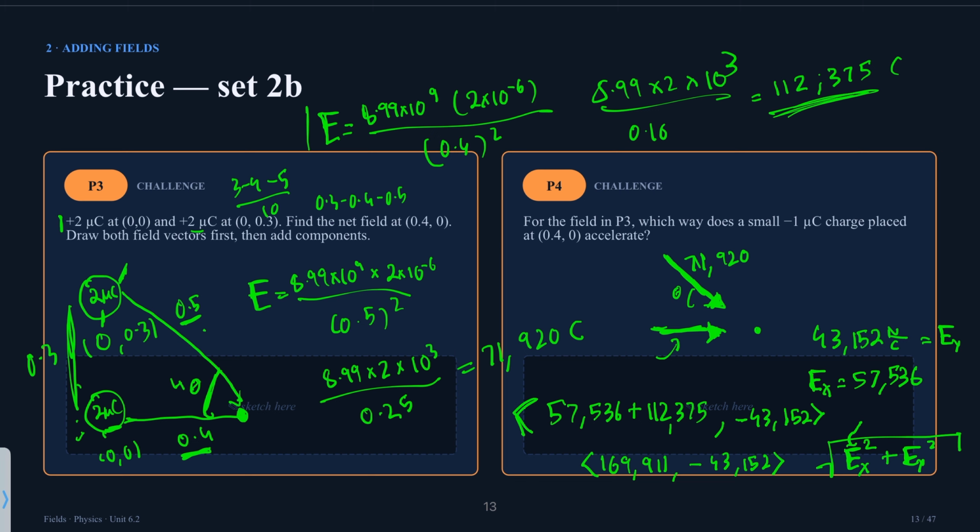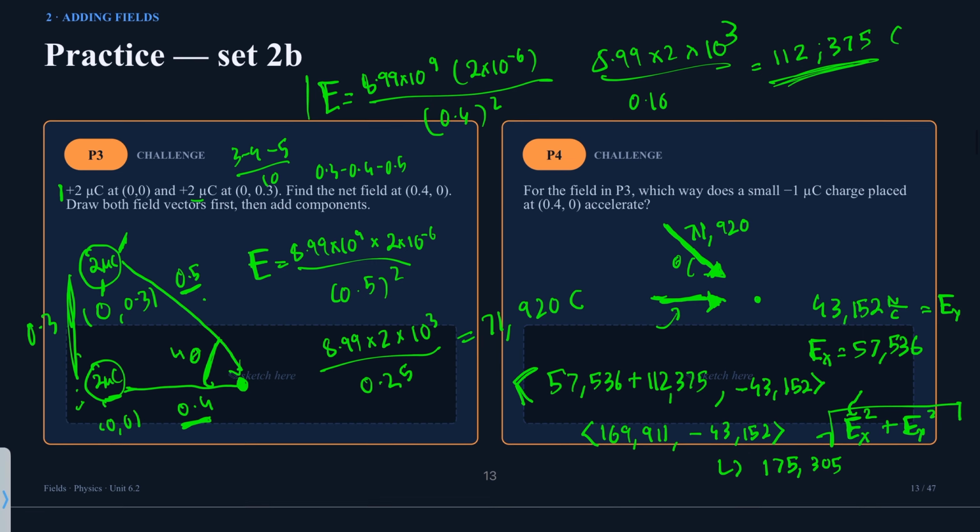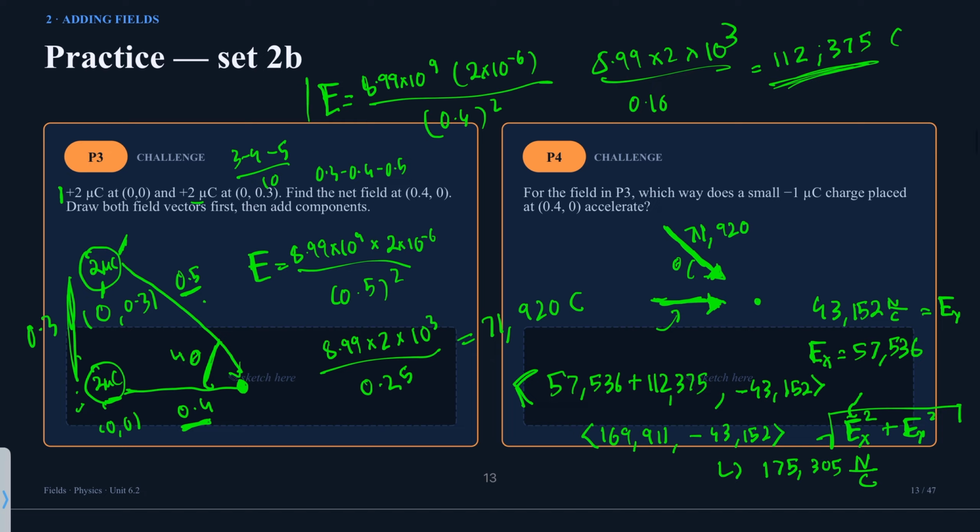And I don't need to put the negative because it doesn't matter, right? Once I square the negative, it will just give me the same answer. And you should get 175,305 newtons per coulomb.